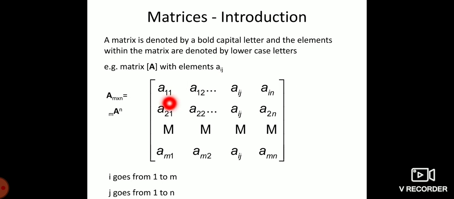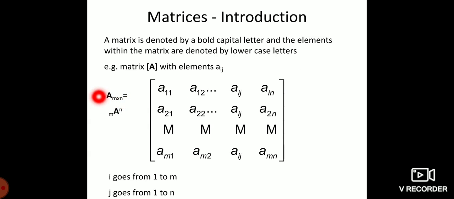See, this is a general matrix form. That means a11, this is an element. All these are elements, and the matrix is always denoted by a capital letter. A matrix is denoted by a bold capital letter, and the elements within the matrix are denoted by lowercase letters. The matrix is always denoted by a capital letter A, B, C or X, Y, Z, and elements by small letters a_ij. i means 1 to m and j means 1 to n.